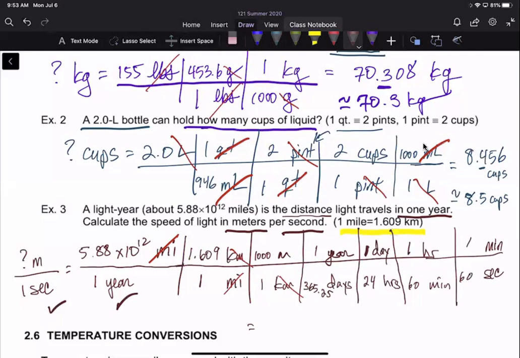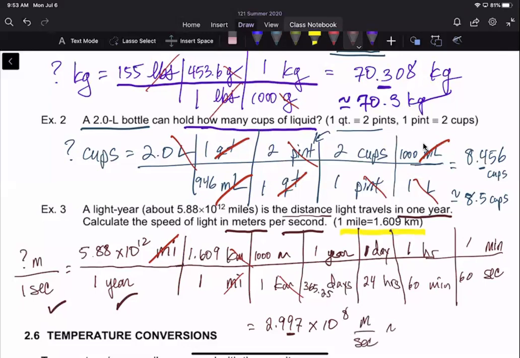So plugging that in, I have 5.88 E12 times 1.609 times 1,000, divide by 365.25, divide by 24, divide by 60, divide by 60, and I get 2.997, 3 sig figs, times 10 to the 8 meters per second.